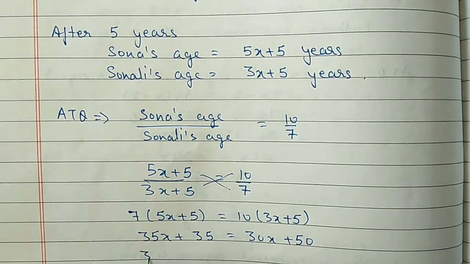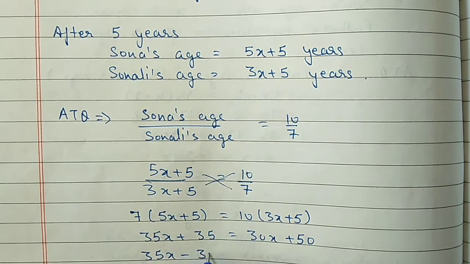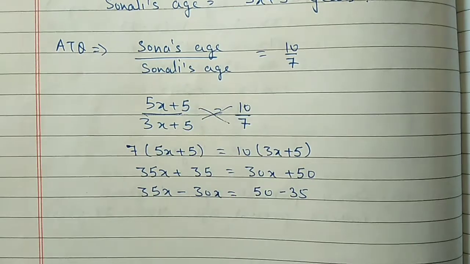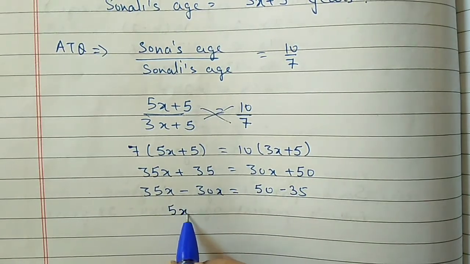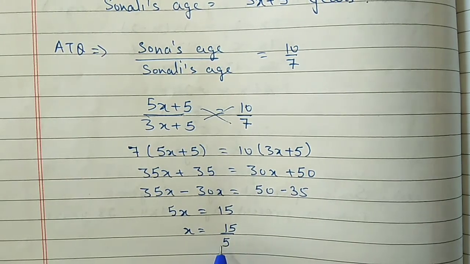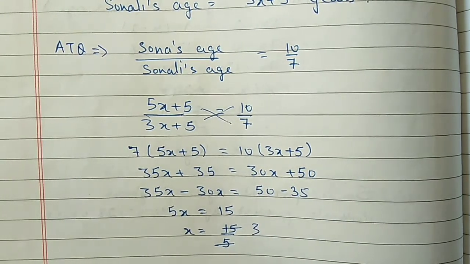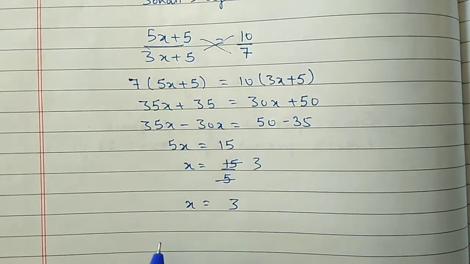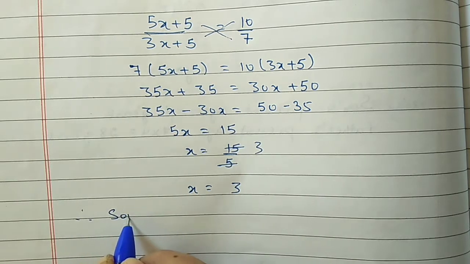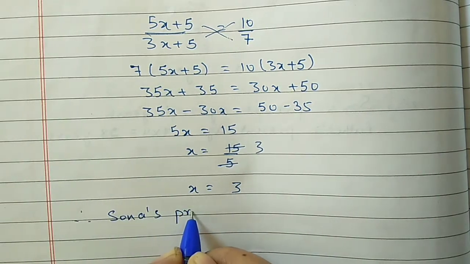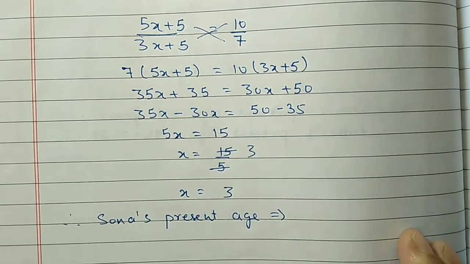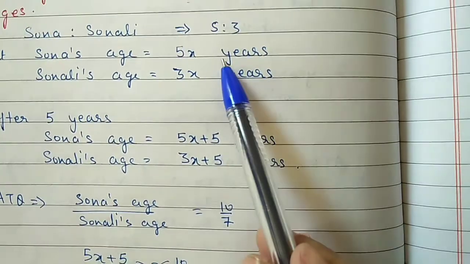Variables we can shift to one side. 35x minus 30x is equal to 50 minus 35. We will get here 5x is equal to 15. So x value will be 15 by 5, 3 we will get. So x is 3. Now we can find out their present age. Therefore Sona's present age is, we have taken in the starting according to their ratio 5x and 3x.